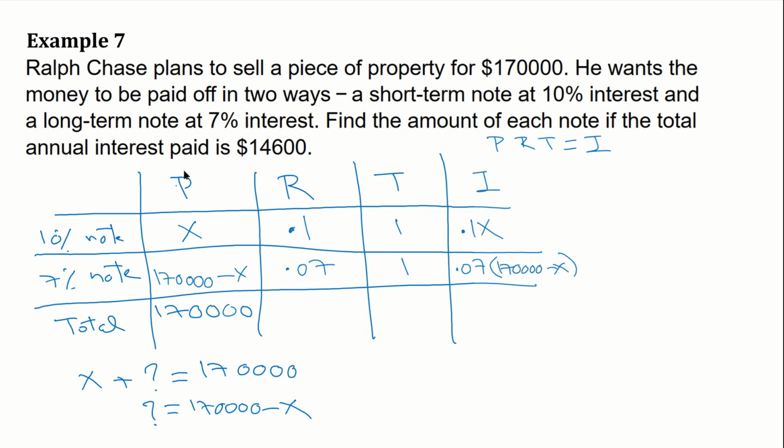Now we do know how much total interest we want, so we can put a total here too. For these two columns a total makes sense; for these two columns it doesn't, so we will leave those blank. This one we want to be 14,600.